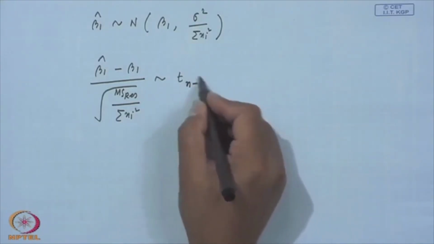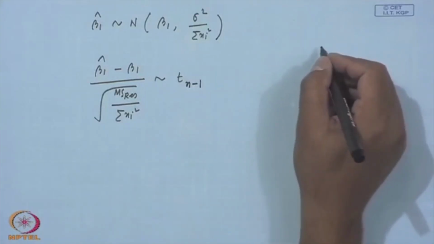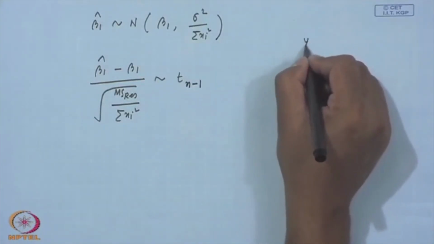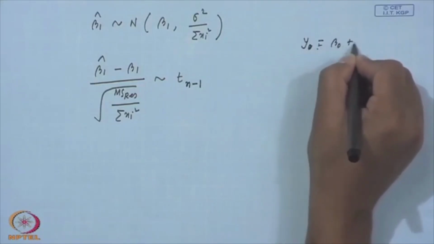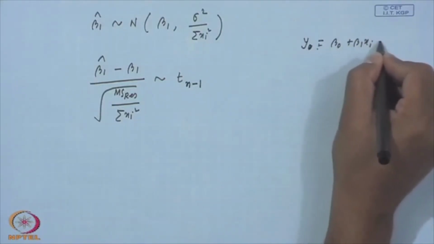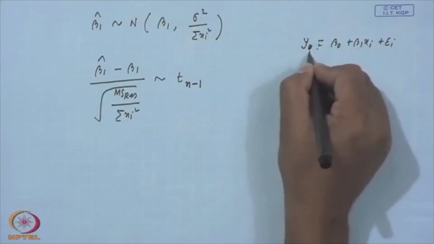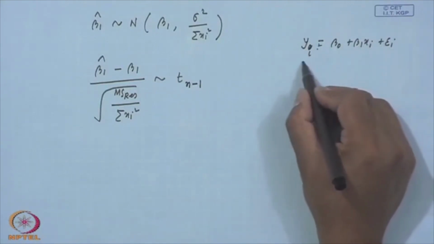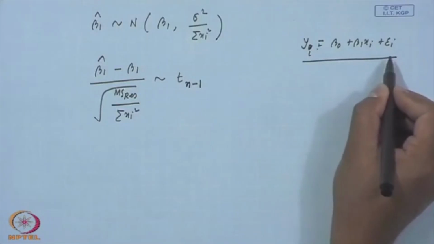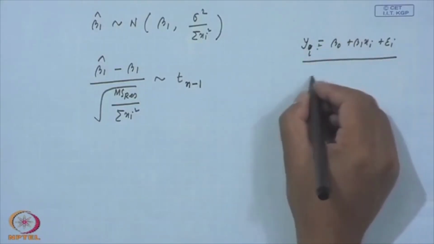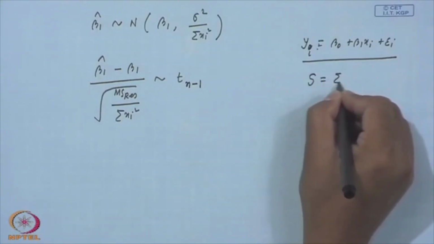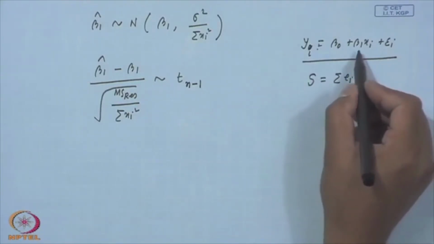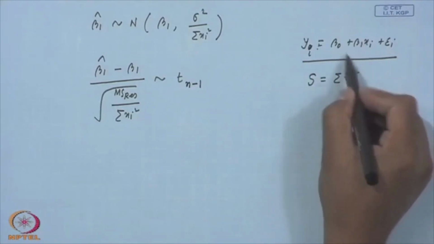This is the residual degree of freedom, and you should understand that here the model is y equal to beta naught plus beta 1 x I plus epsilon I. So, y I is this, and here while minimizing this least square function S, which is equal to summation E I square, there we differentiated this one with respect to beta 1 only.